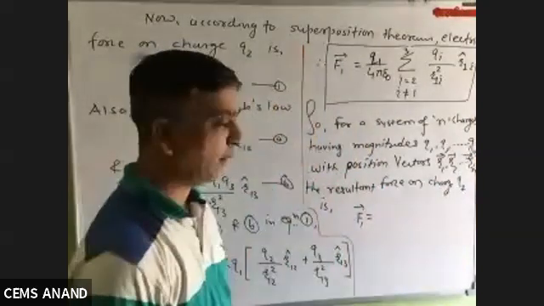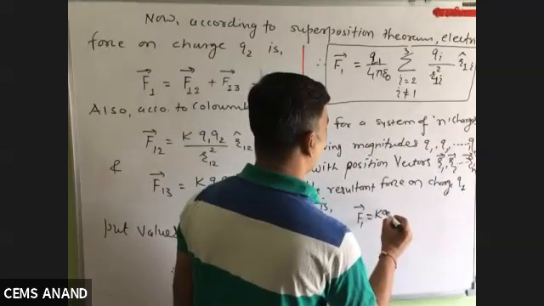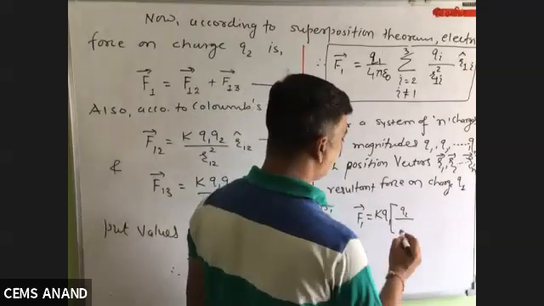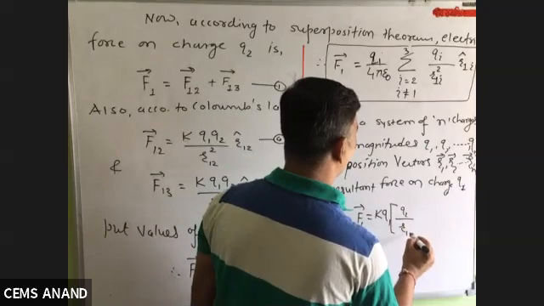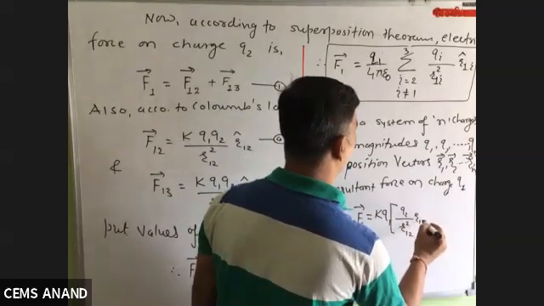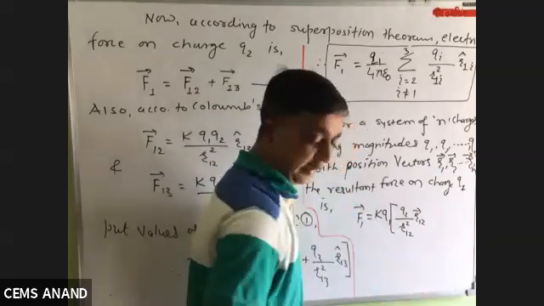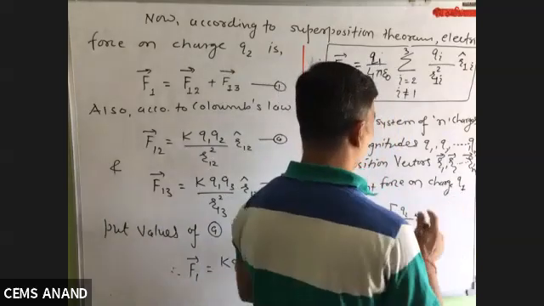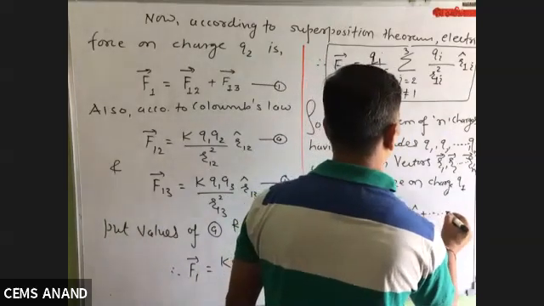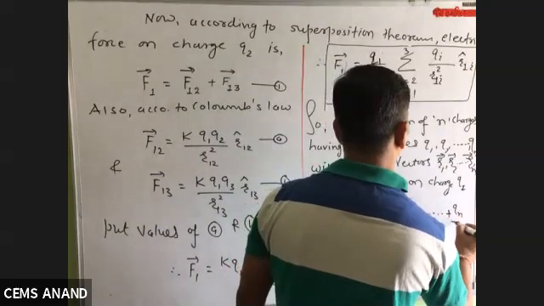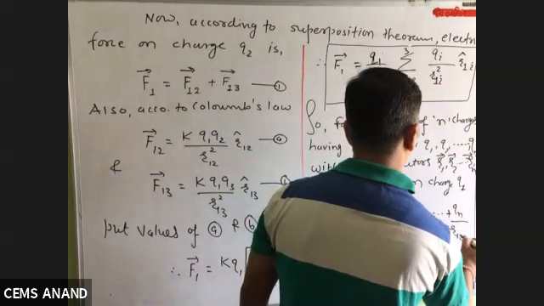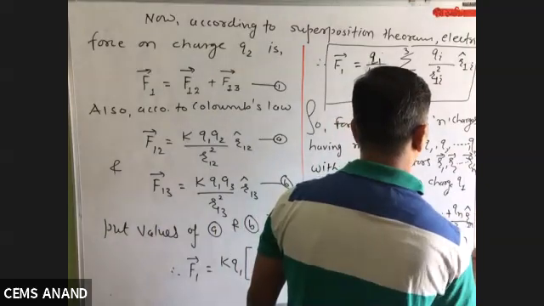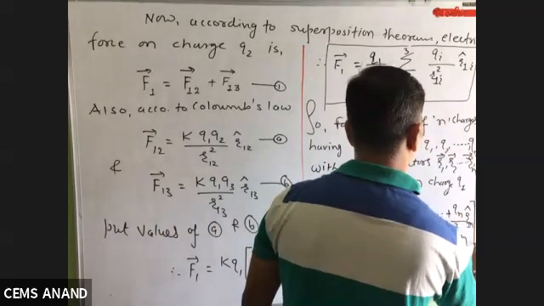F1 is equals to K Q1 bracket Q2 upon R12 square R12 cap, plus dot plus Qn upon R1n square R1n cap, right?